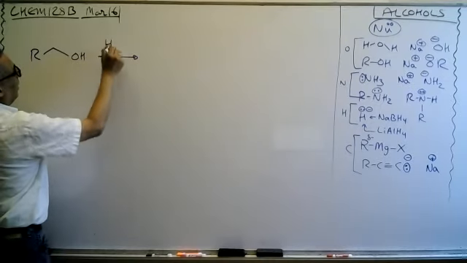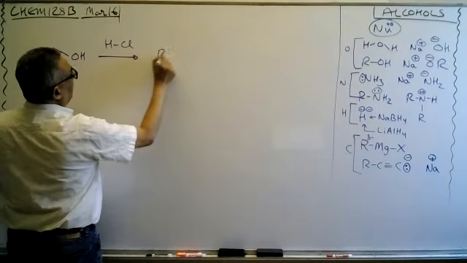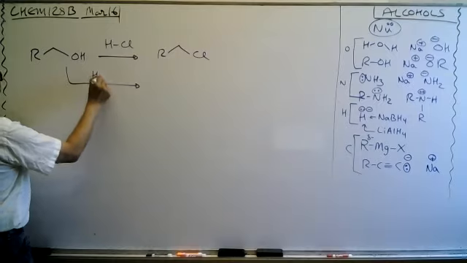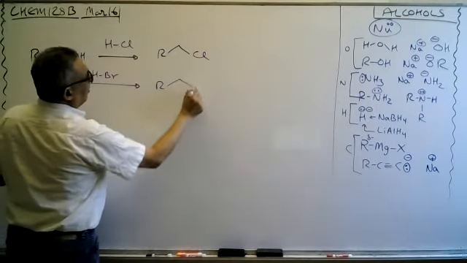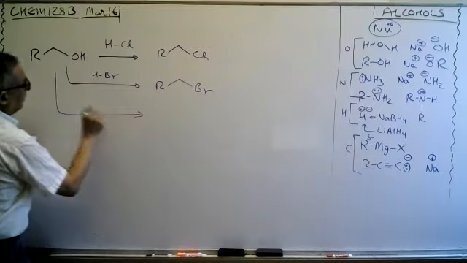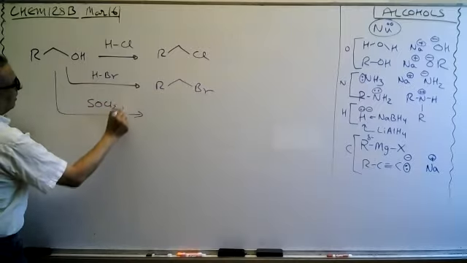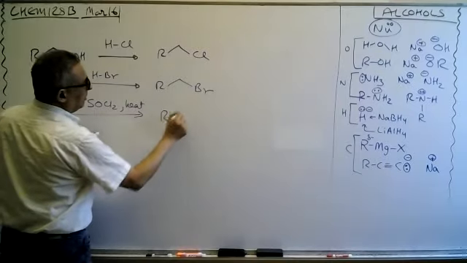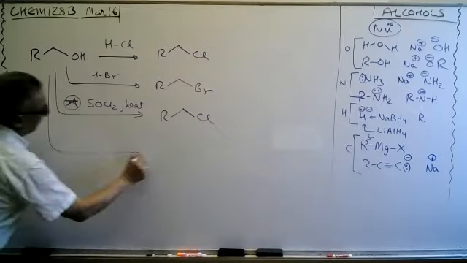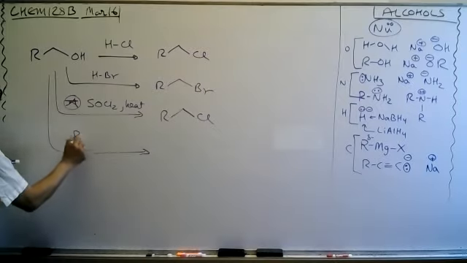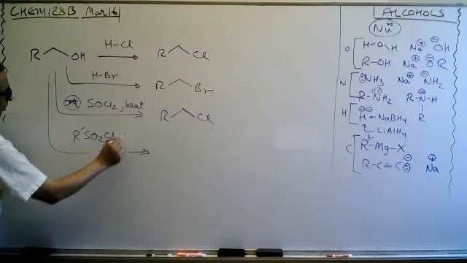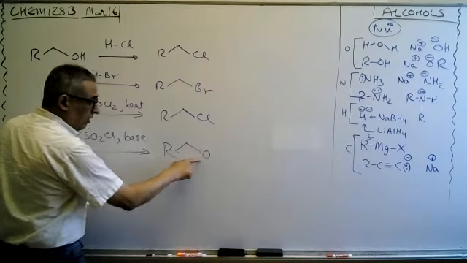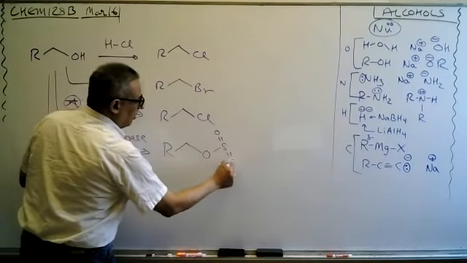So you can use something like HCl and it becomes RCl, or you can use HBr, then it becomes RBr, or you can use thionyl chloride with heat, more trustworthy reaction, okay, then it becomes RCl, or you can use one of those guys, R prime SO2Cl with a base, and it becomes R oxygen SO2R prime.